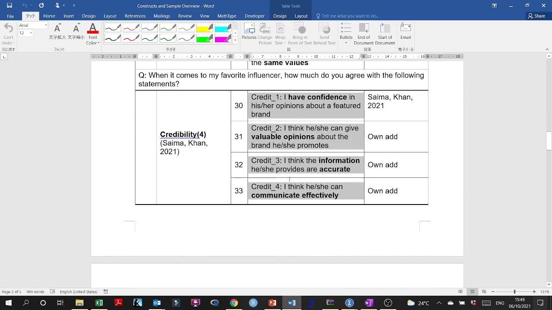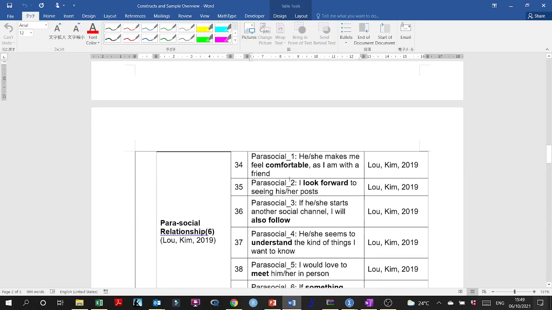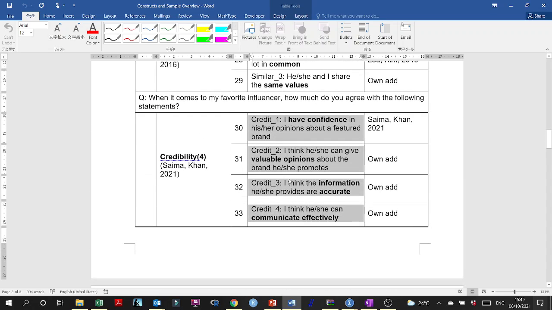Have confidence. Okay. Anyway, I think this is something Saima Khan. Okay. So we still have a source for it, a very new source for it, but we added our own here, right?